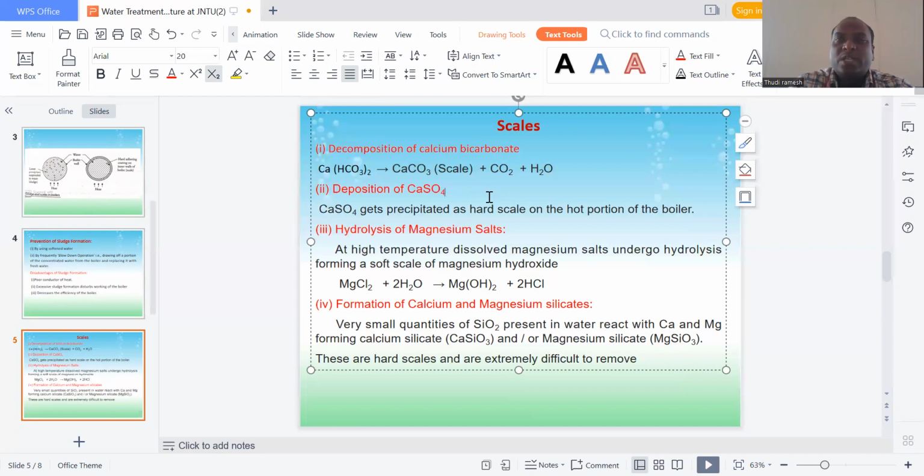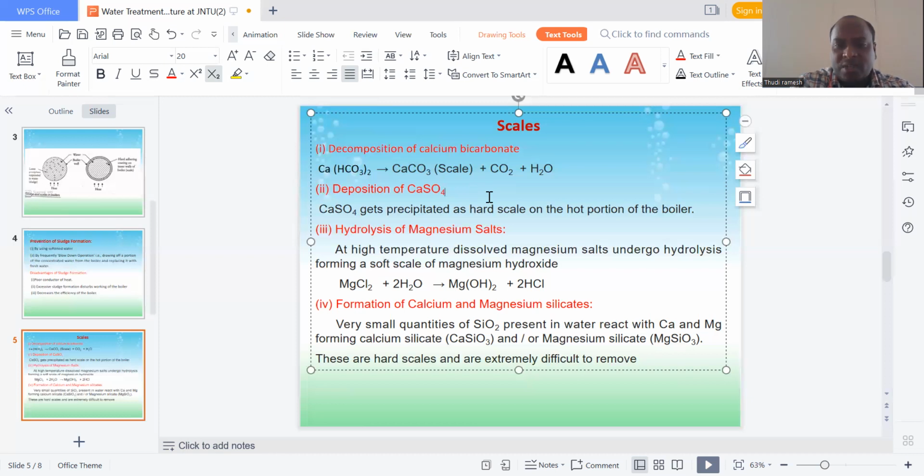So calcium sulfate also plays an important role here. Calcium carbonate forms a scale-like layer, and calcium sulfate, the permanent hardness causing salt, is also responsible for the formation of a hard, adherent, sticky precipitate along the inner walls of the boiler material.